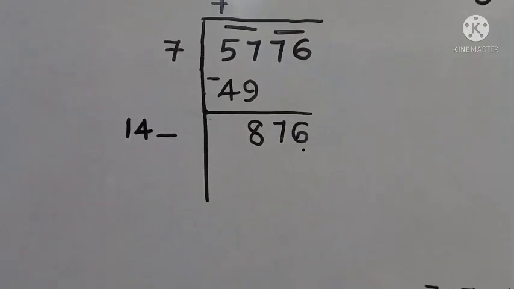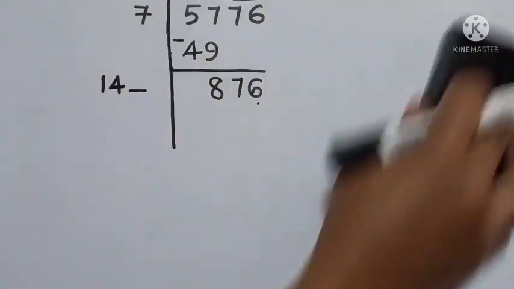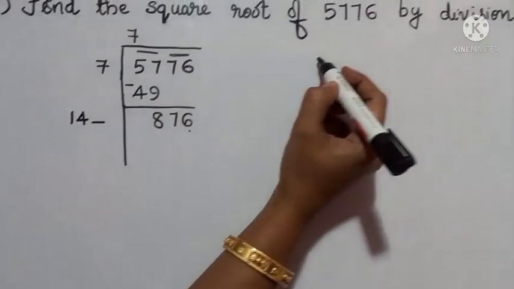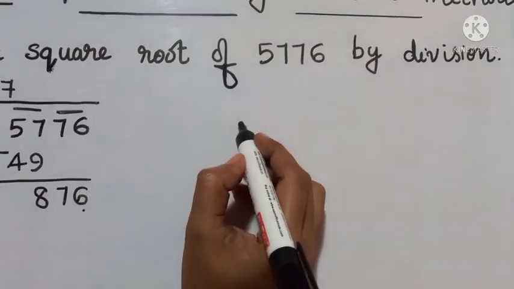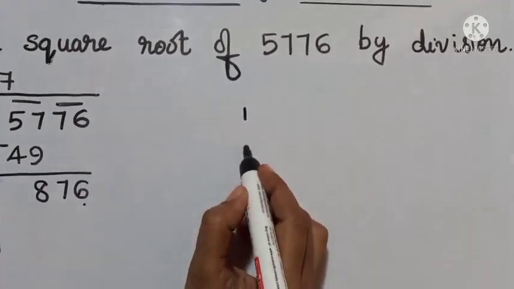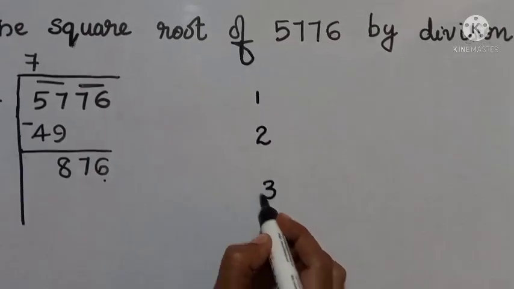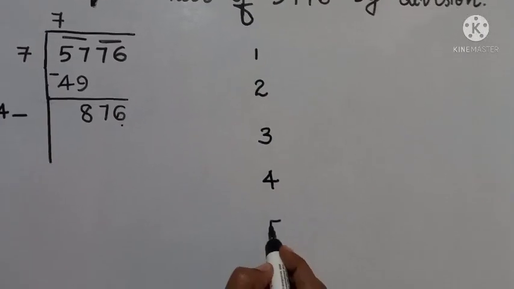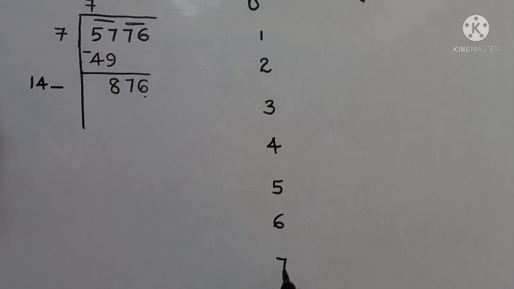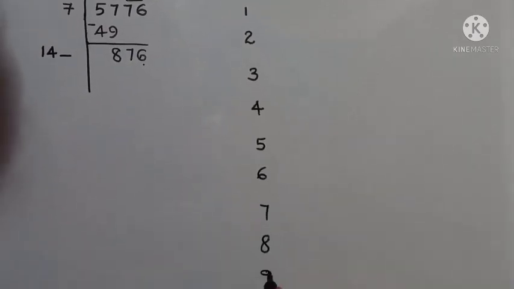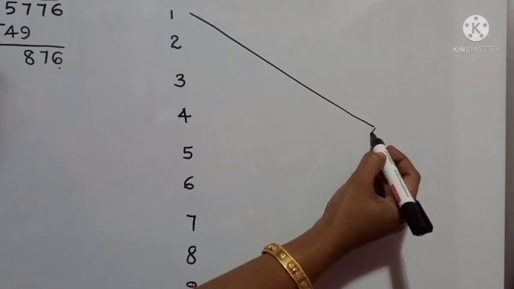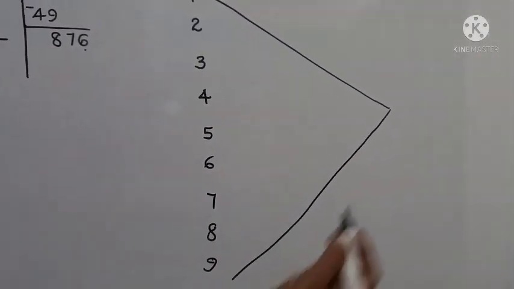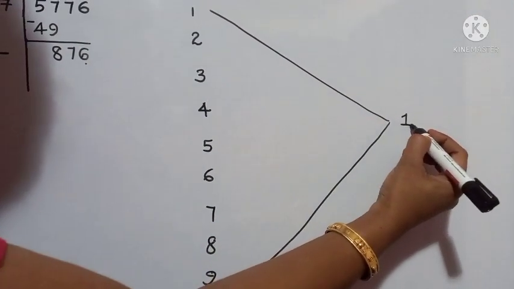For that, I'll tell you one trick. We have to apply the properties of perfect square numbers. I'll write here 1, 2, 3, 4, 5, 6, 7, 8 and 9. These are the digits. We know that if a number ends in 1 or 9, its perfect square ends in 1.